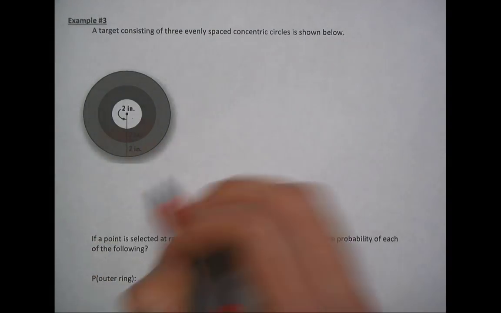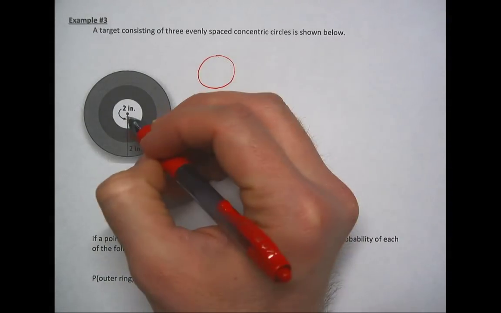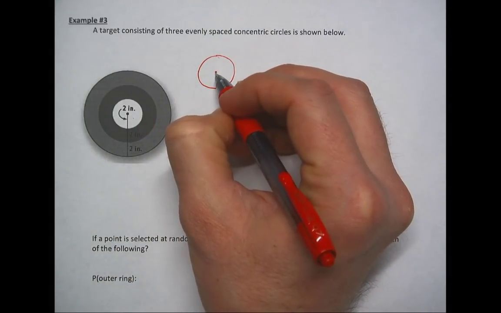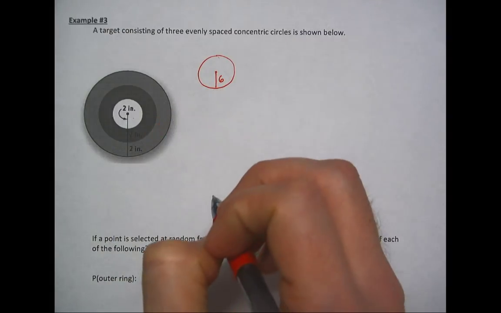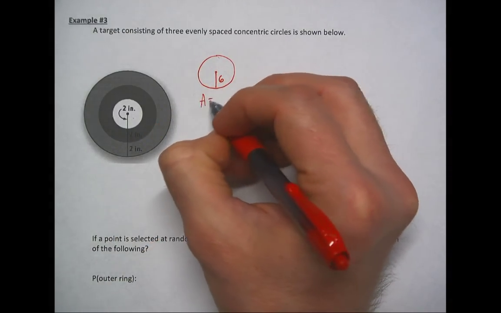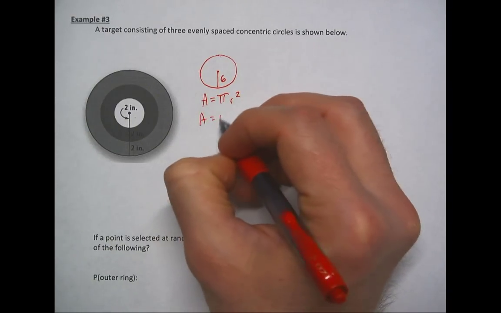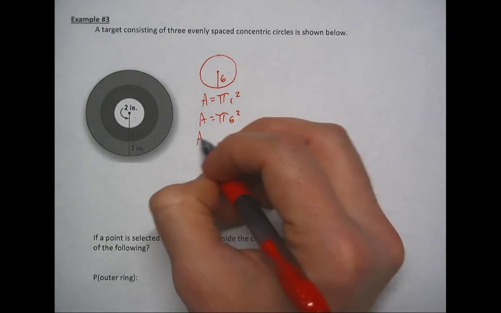Okay, so let's start with the big circle. The radius of that big circle from the middle to the outside is 6: 2, 2, and 2. So if we're going to find the area of that, the formula is pi r squared. The radius is 6, so it's 6 squared, which is 6 times 6, so 36.